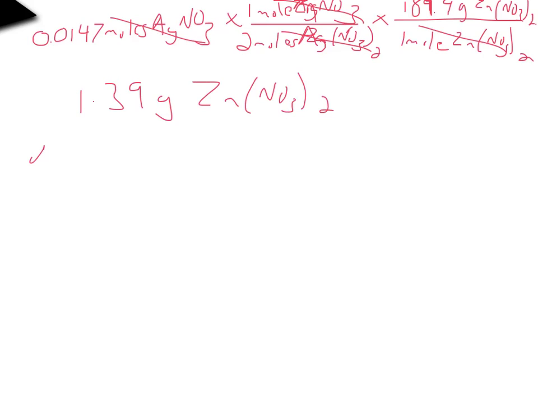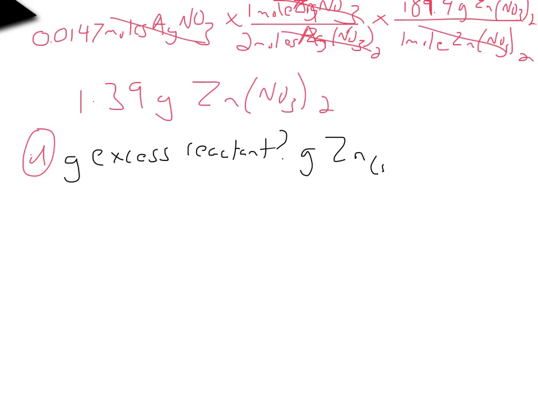Alright, the last part is part D, and this is asking for the grams of the excess reactant. Really that's just grams of zinc, because zinc was our excess reactant. We know that we started with 0.0306 moles of zinc.